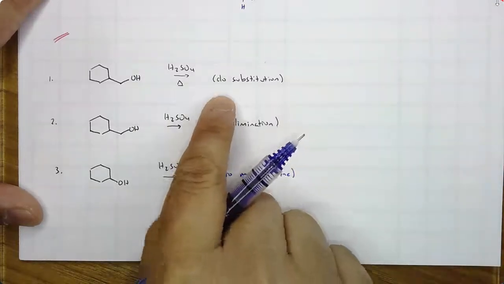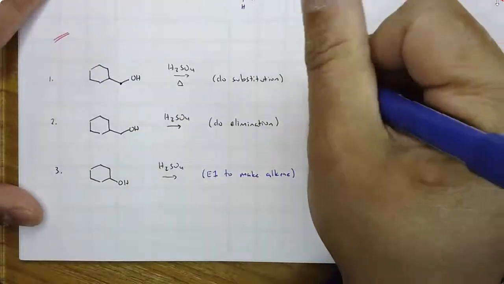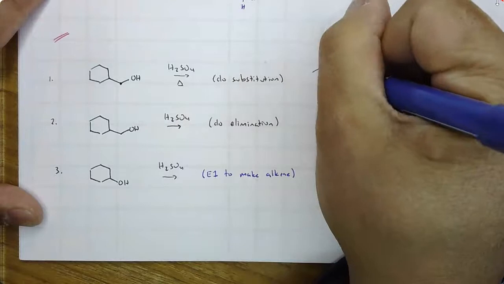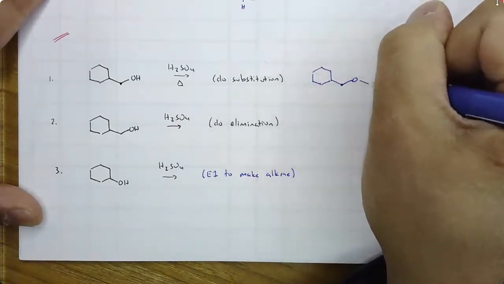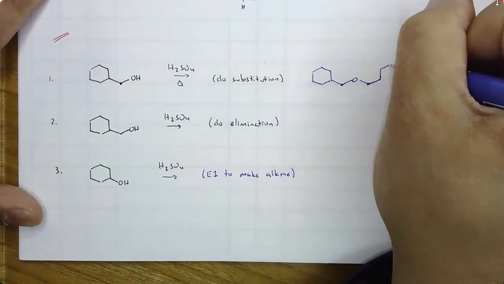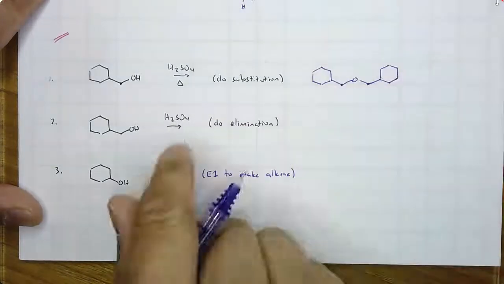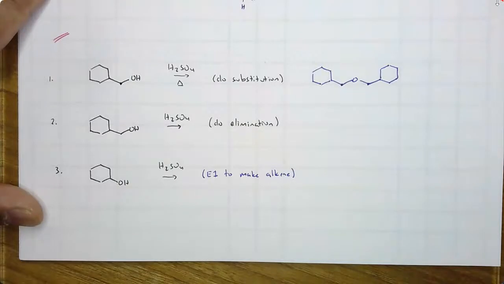Okay, here we're going to do substitution. We're going to substitute at this carbon at the dot and make the symmetrical ether. Here we'll do elimination.